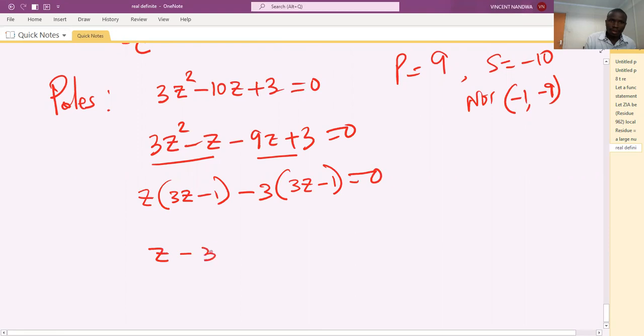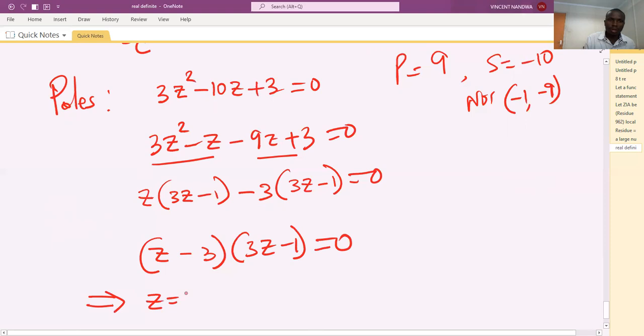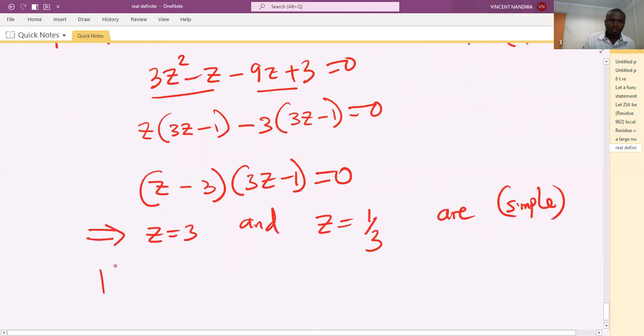So z minus 3 and 3z minus 1 is 0, which implies z equals 3 and z equals a third are the poles of the function f of z.